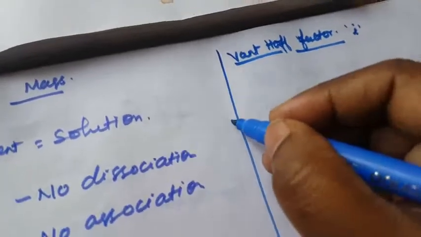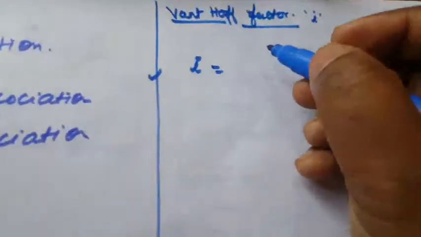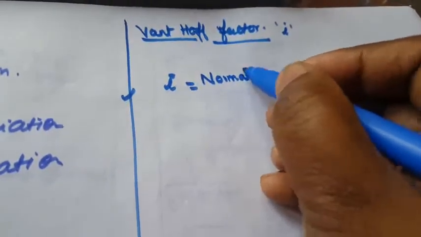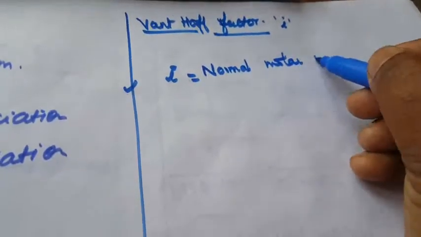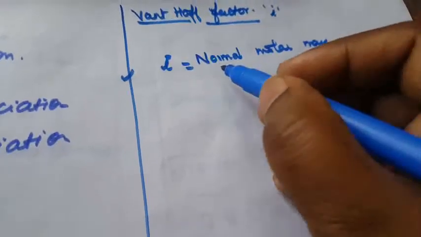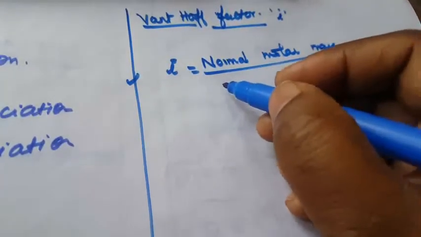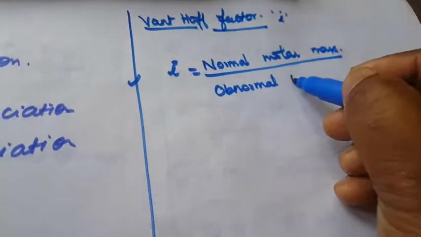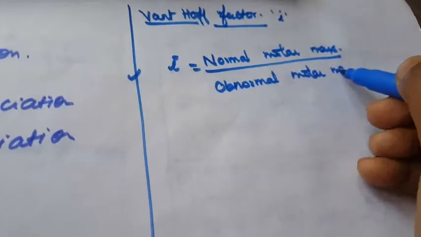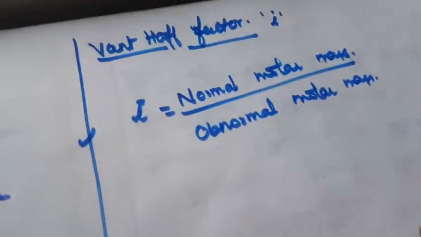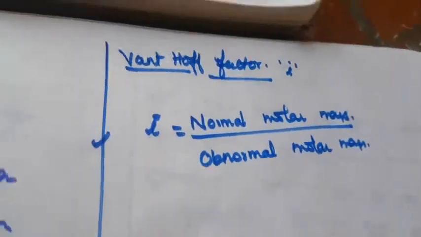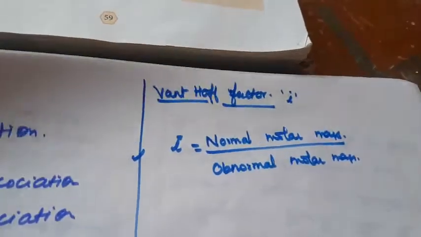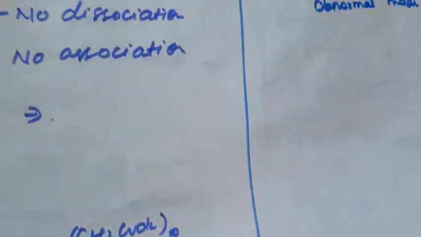What is meant by i? i is equal to the normal molar mass divided by the abnormal molar mass, or the observed colligative property divided by the calculated colligative property. This is the Van't Hoff factor using the following relationship.